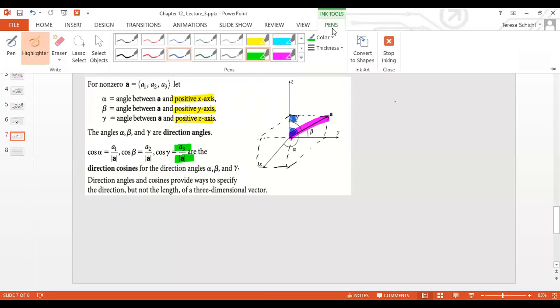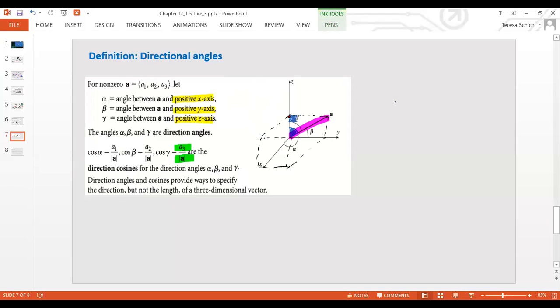This is the adjacent side of this gamma angle, and this adjacent side is the component of the vector, A3. So cosine gamma is A3 over A.